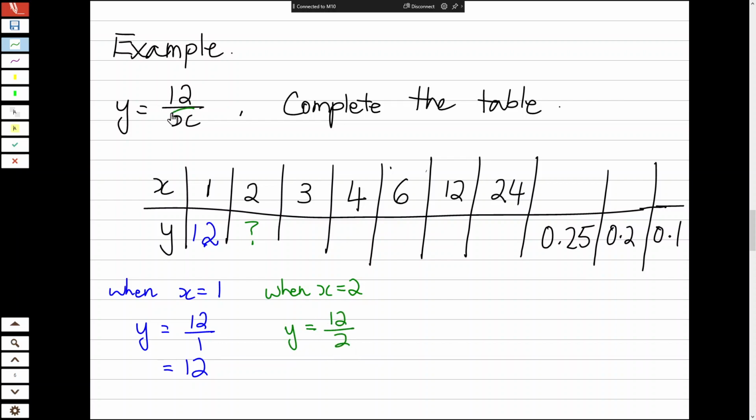What I'm doing is replacing the value of x here with the value provided in the table. Okay, 12 divided by 2 is 6. I'll fill in these for you.